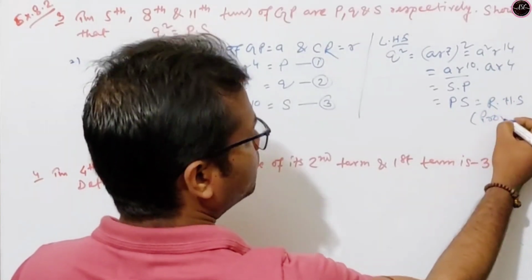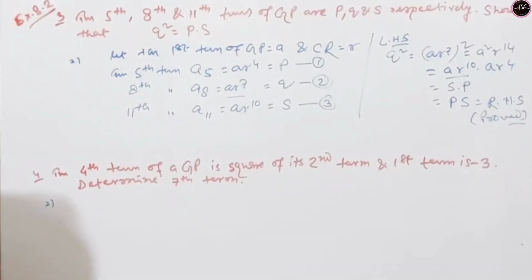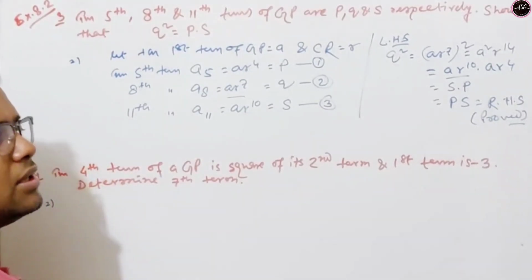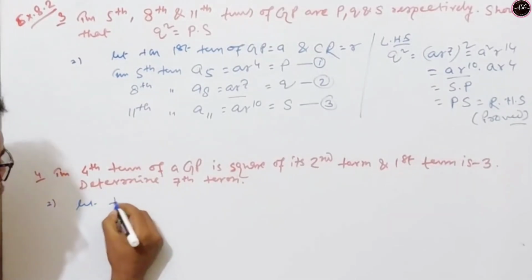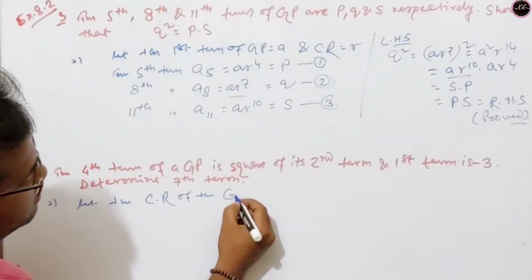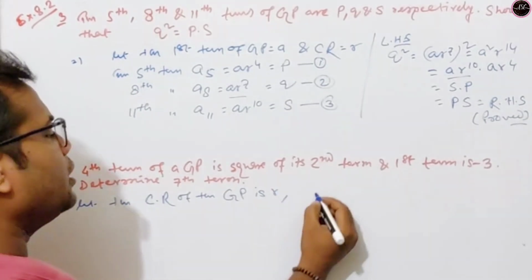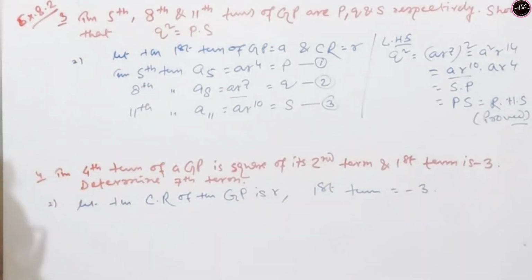Okay, now look at this question. The 4th term of a GP is the square of its 2nd term. The first term is minus 3. Determine the 7th term. Let the common ratio of the GP be r. The first term equals -3, which is provided here.